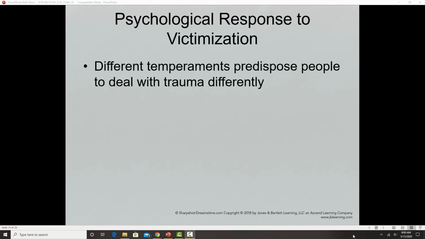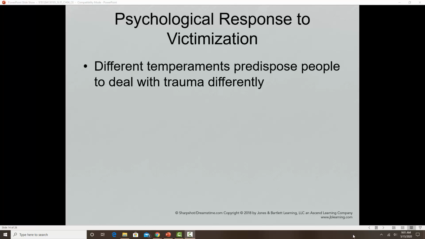Now, when it comes to the psychological response to victimization, everybody is different. Different temperaments predispose people to deal differently with trauma. The psychological response will also depend on the type of crime, the relationship between the victim and the offender, the type of physical injuries, and then, of course, everybody's individual coping skills will impact how they respond to a particular crime.